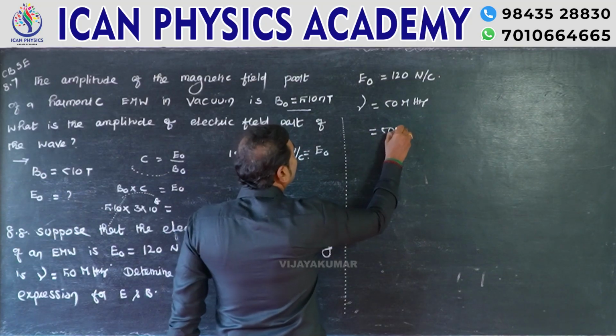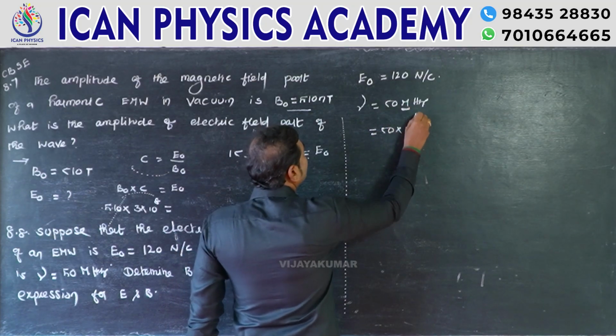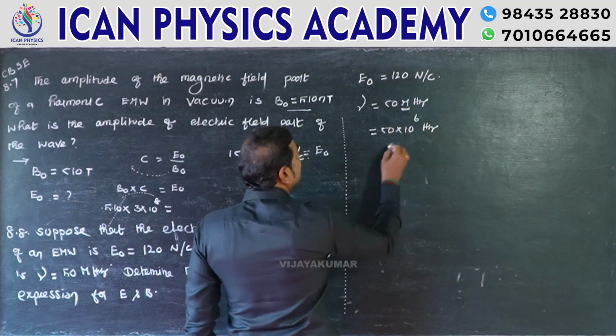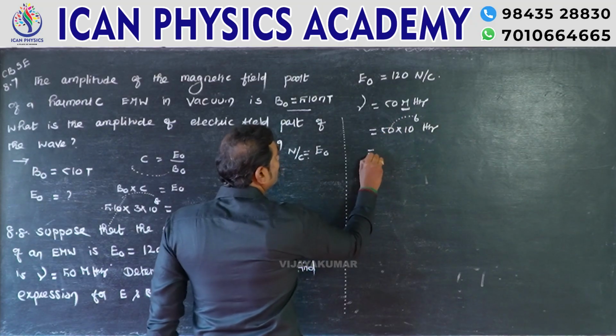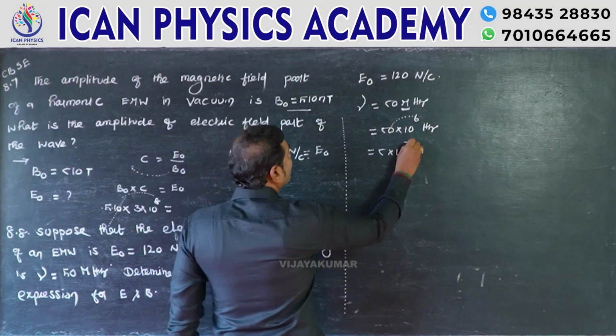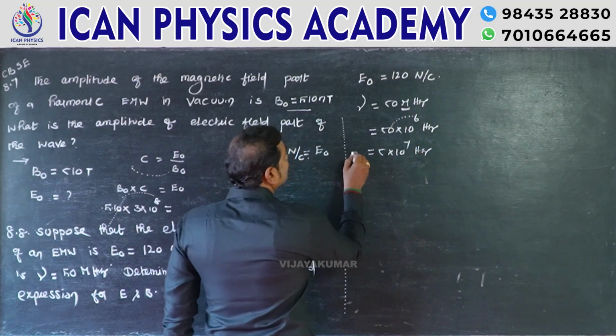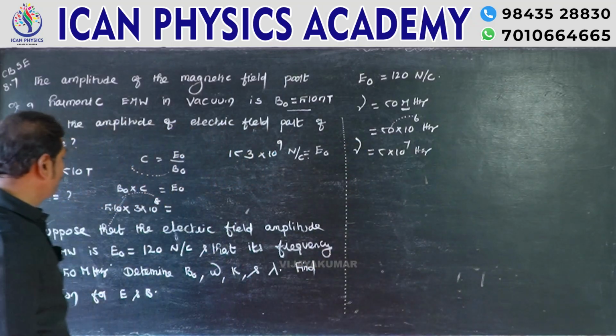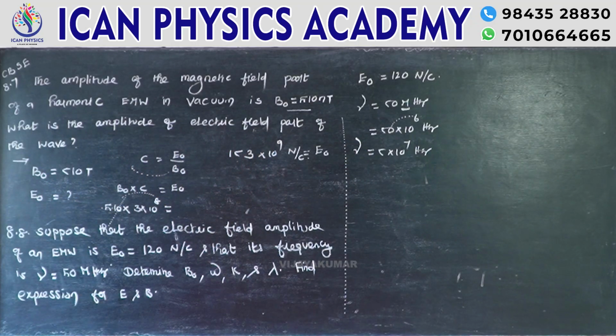So 50 into megahertz, that is 10 to the power 6 hertz. So 5 into 10 to the power 7 hertz is the frequency. Find all the terms of the electromagnetic wave.